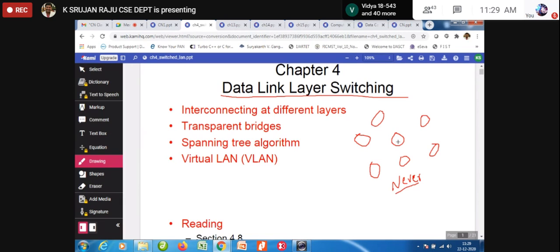We discussed that the frame formats depend on the type of network you use. If you are using different networks, you have different frame formats. So in that situation, the question arises how to interconnect these networks at different layers. Then we are going to discuss the meaning of a transparent bridge and the spanning tree algorithm, so that you can have a look at virtual LAN, which is very, very important in today's aspect.